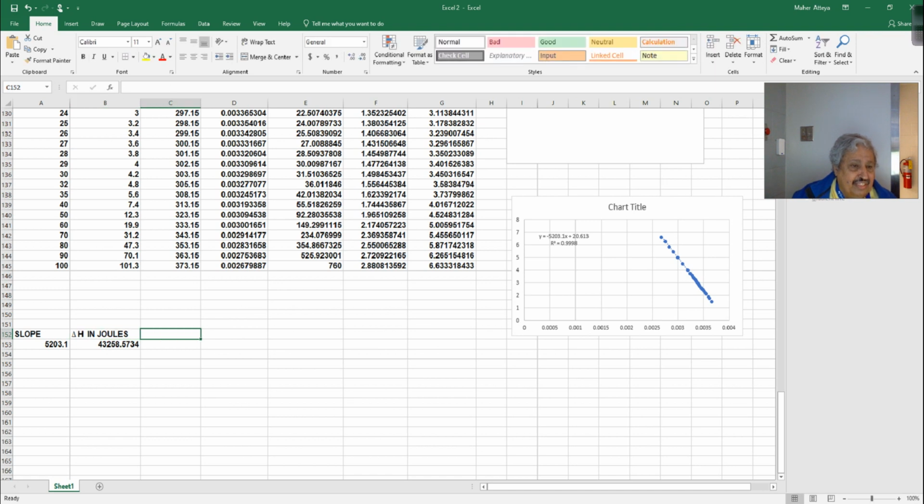Now I need it in kilojoules. I will take this one here, copy it and paste it here, and then it is always given in kilojoules. And this is a negative value, by the way. It's a negative value.